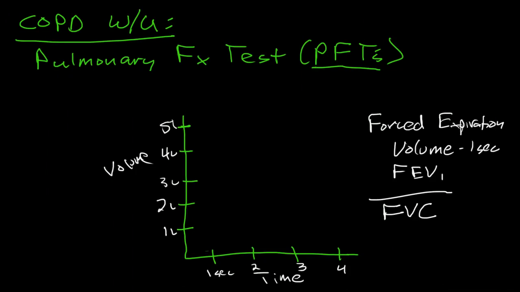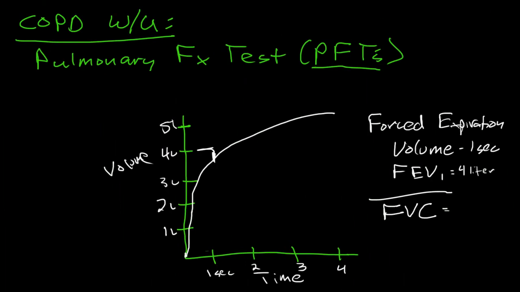Now, a normal healthy lung, if you ask a person to breathe out as fast as they can and as hard as they can after a deep inspiration, their flow volume curve is going to look like this. Whoops, that wasn't right. Let's see if I can get that better. So they're going to breathe out about 4 liters in about 1 second. So their FEV1 will be 4 liters.